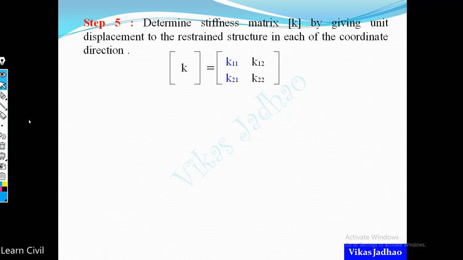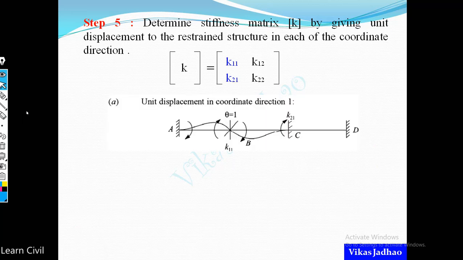So for finding the values of K11 and K21, we will assume that we apply a unit rotation at coordinate number 1 or at joint B, and the forces will be developed. These will be the coefficients K11 and K21. So K11 will be the sum of the stiffness of BA plus BC, which can be given by this equation: twice EI theta A divided by LAB plus 4 EI theta B divided by LAB, plus the stiffness of BC.